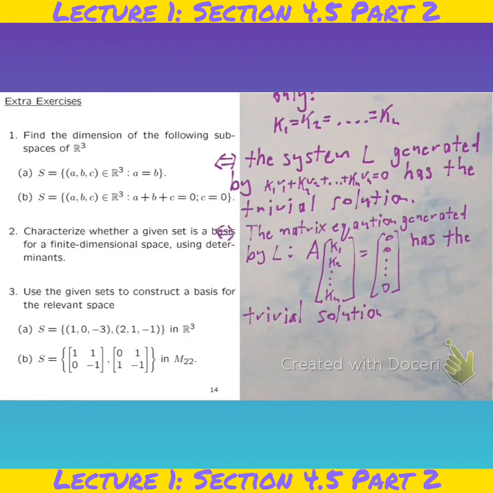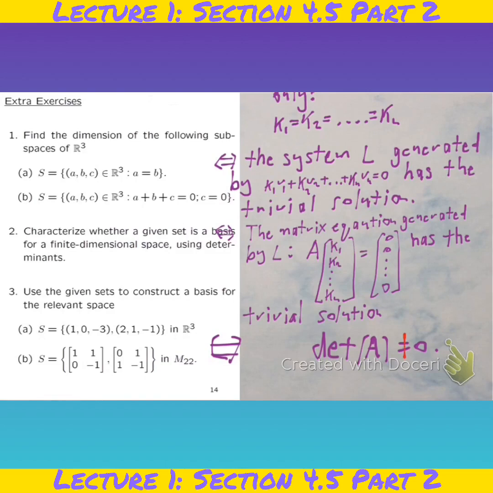And the only way that can have the trivial solution is if A is invertible. And the only way that can happen is if the determinant of A is not equal to 0. So therefore, A is invertible.